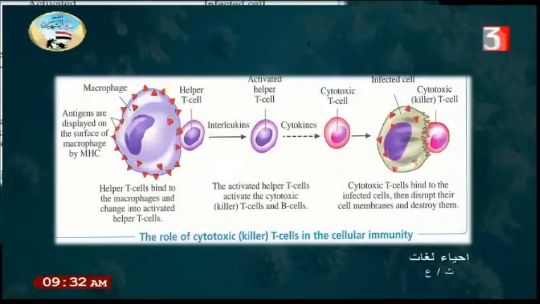We talked about MHC in the last session: major histocompatibility protein complex. The helper T cell binds to the macrophage and changes into an activated helper T cell. The helper T cell produces interleukin. Interleukin is a substance.